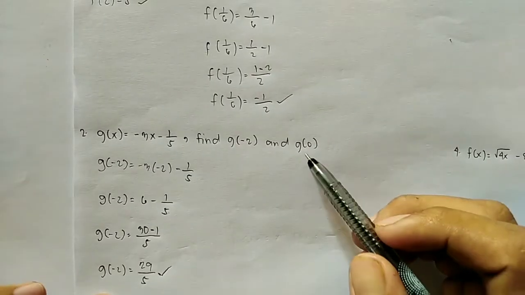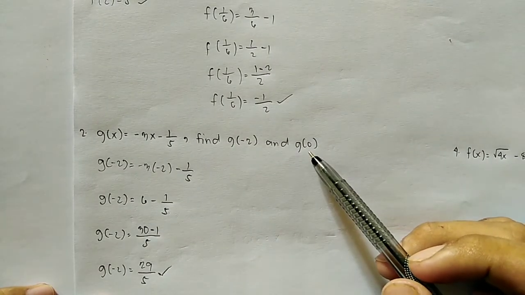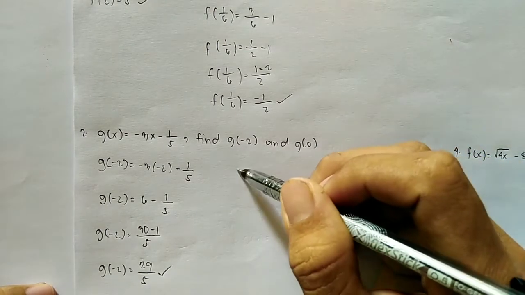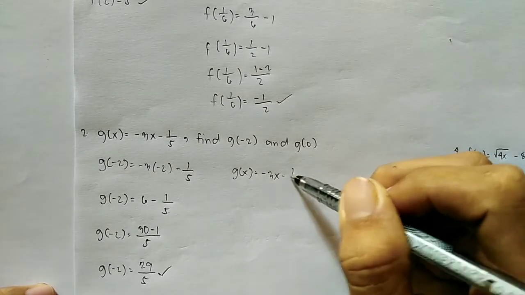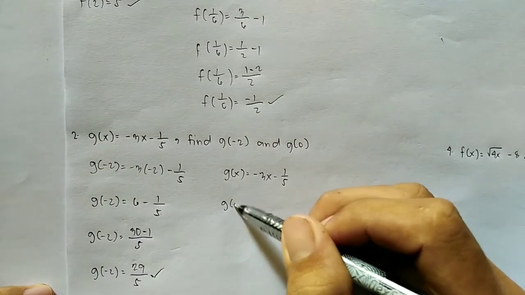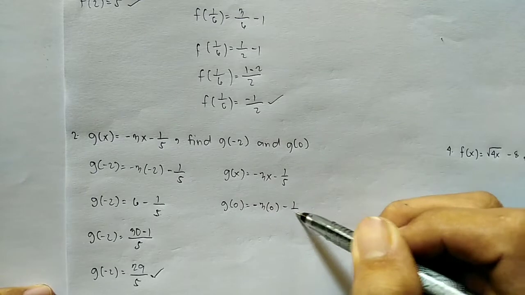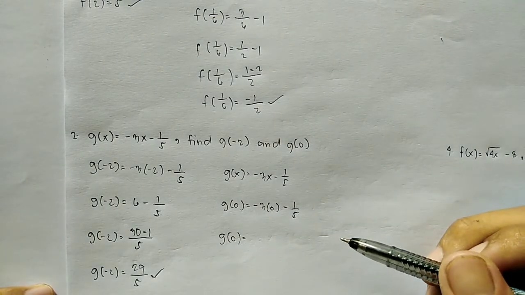Next, we evaluate the function g at 0. We rewrite the function again: g of x equals negative 3x minus 1/5. So g of 0 means replacing x with 0. This is very easy since we just substitute directly the given value.